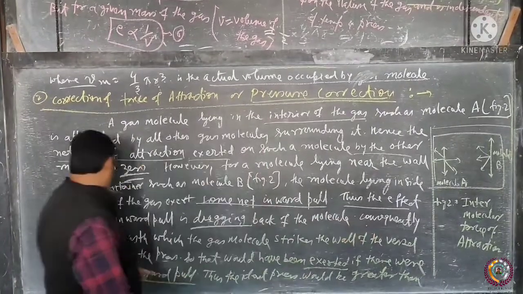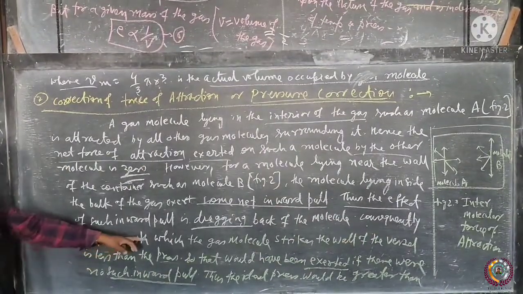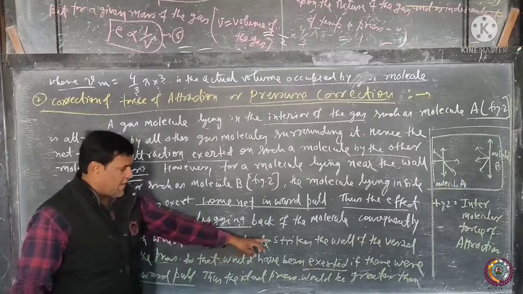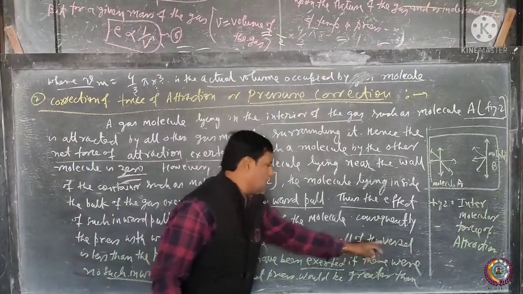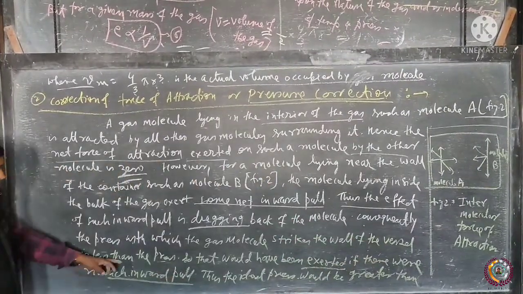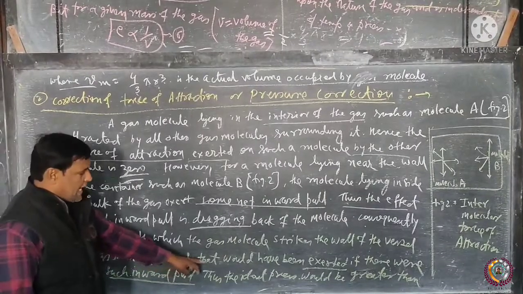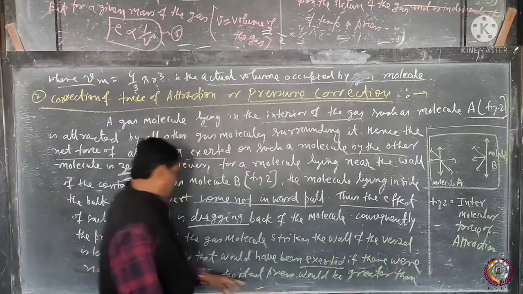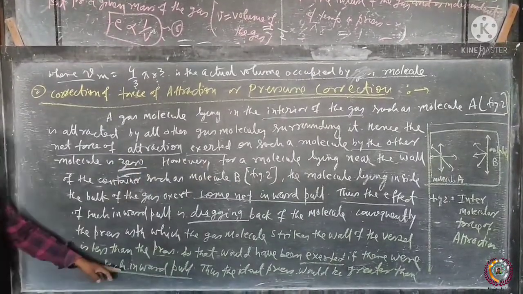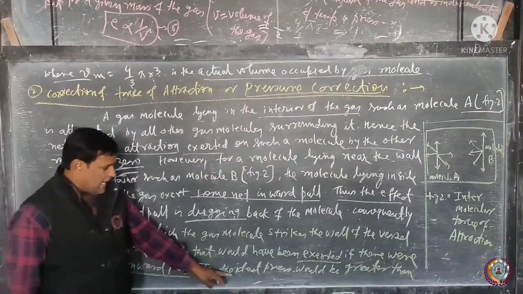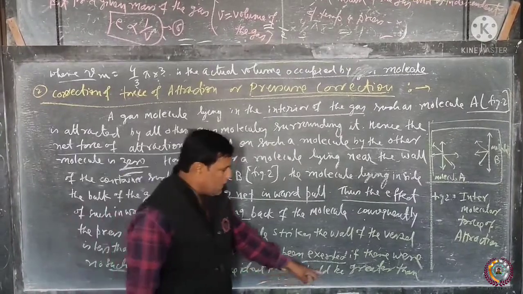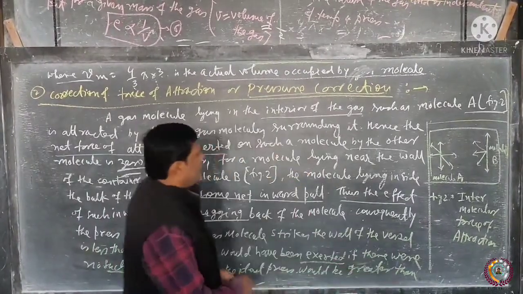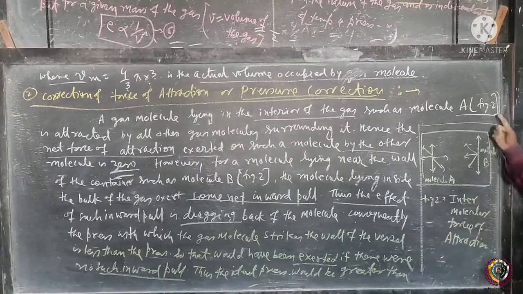Thus, the effect of such inward pull is dragging back of the molecule. Consequently, the pressure with which the gas molecule strikes the wall of the vessel is less than the pressure that would have been exerted if there were no such inward pull. Thus, the ideal pressure would be greater than the observed pressure by a factor p. This is figure 2.